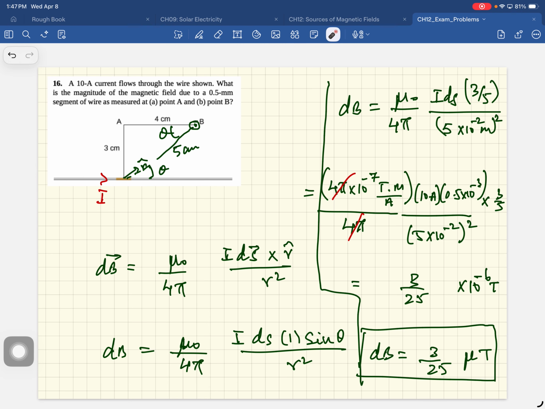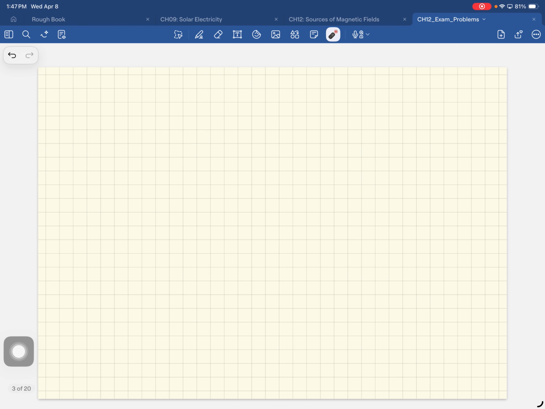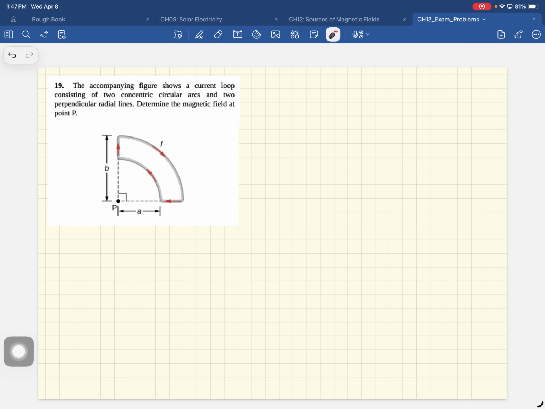So 1/4 of the circumference is 1/4 times 2 pi a, divided by a squared. And then minus mu naught over 4 pi, I, 1/4 times 2 pi b. 1/4 of this circumference, the radius of that is b, divided by b squared.